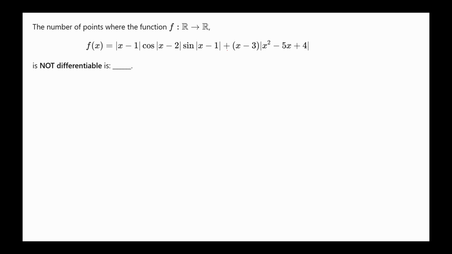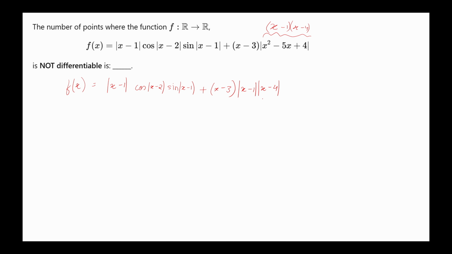First let us try to simplify this entire equation. If you look at this equation, you can see that this function here, x square minus 5x, can be written as x minus 1 and x minus 4, and since it is under modulus we would separate it out. So let us write this function in those terms. This would become x minus 1 cos of x minus 2, sine of x minus 1, plus x minus 3 into x minus 1 and x minus 4.